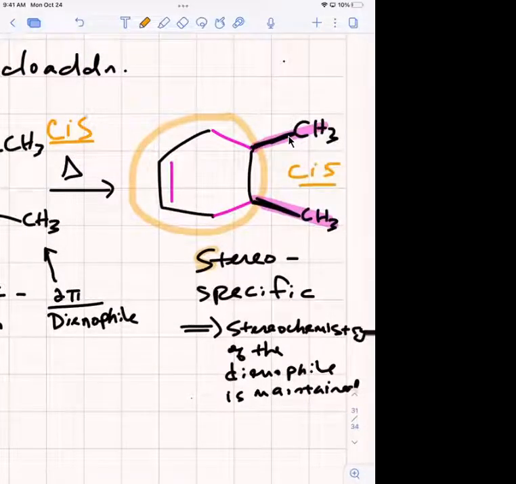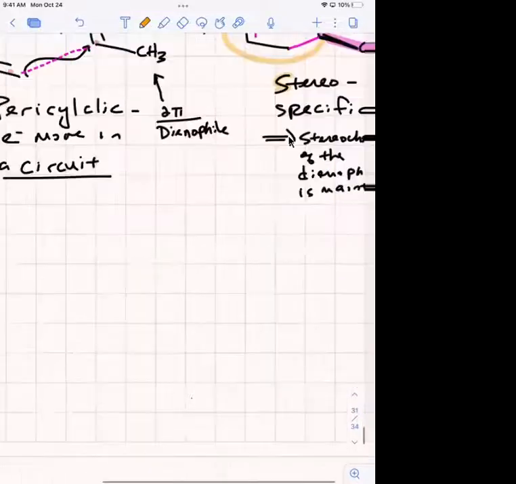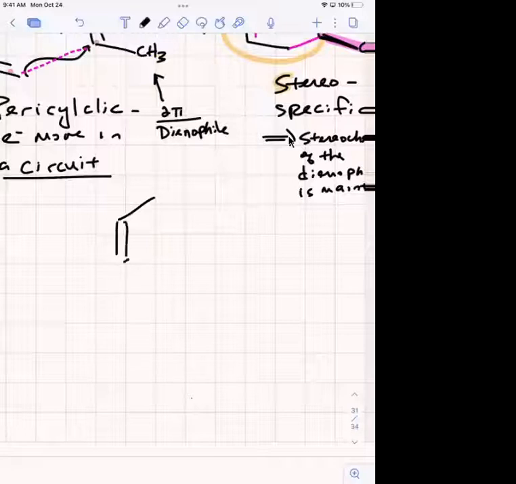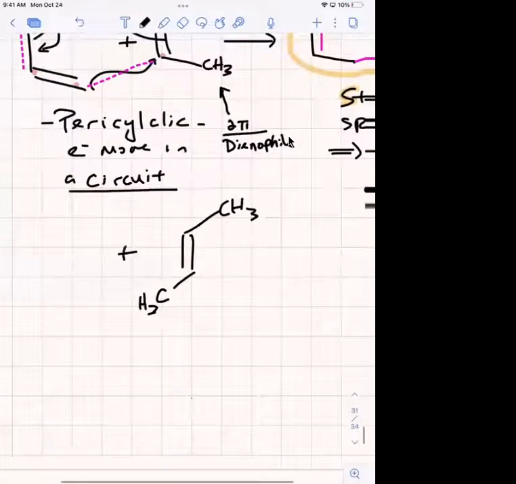That's one of the key characteristics of this reaction, that stereospecificity, right? You start with a cis alkene, then in the product those two groups still have to be cis. What if I started with an alkene like this, and then I reacted that with a diene?